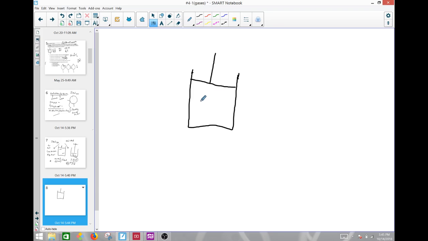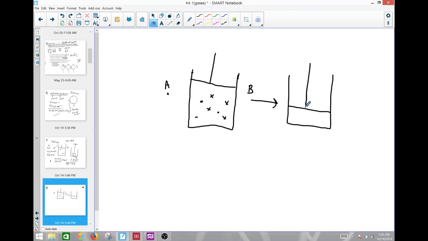So let's say we have particle A and particle B. You've got some A's in here and some B's. We start shoving it into a smaller and smaller area and looking to see which one might liquefy first.